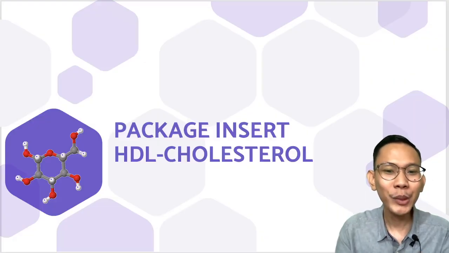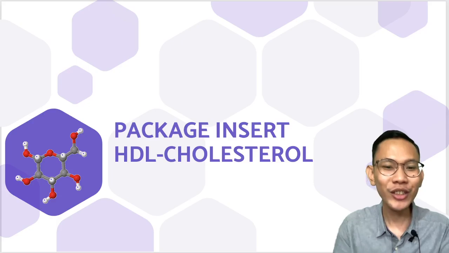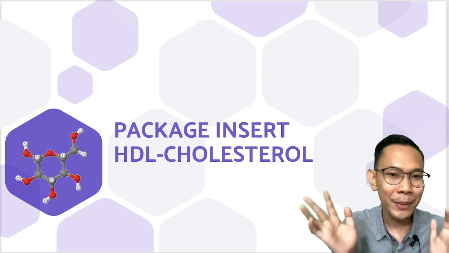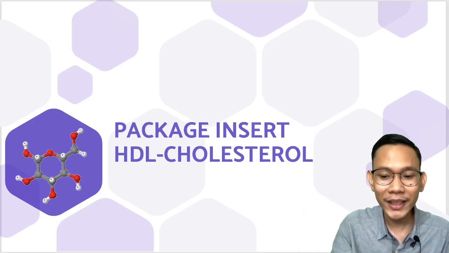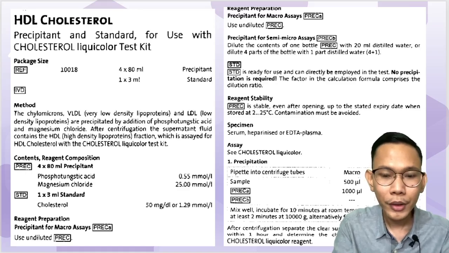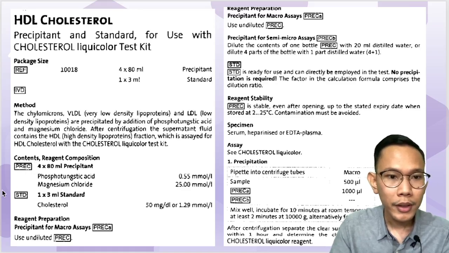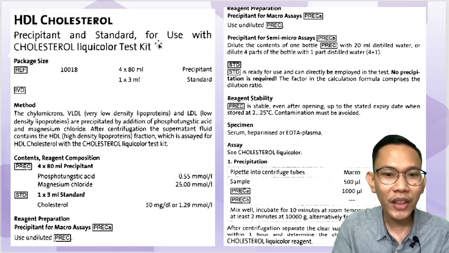Now, let's proceed with the package insert of your HDL. At least ngayon, kanina sa cholesterol alone, gets na natin, it's easier na lang to understand this one. For your HDL cholesterol, so again, precipitant and standard for use with cholesterol liquid color test kit. So anong methodology natin?